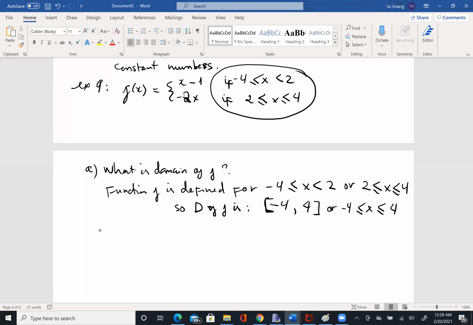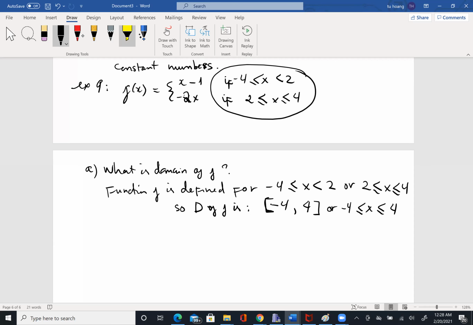So that's the solution for part A, either using interval notation or inequality notation.